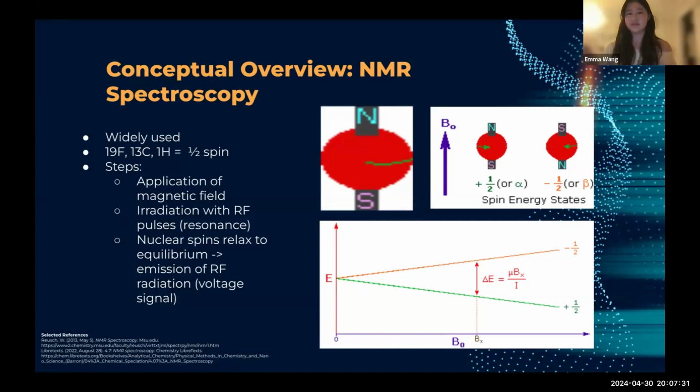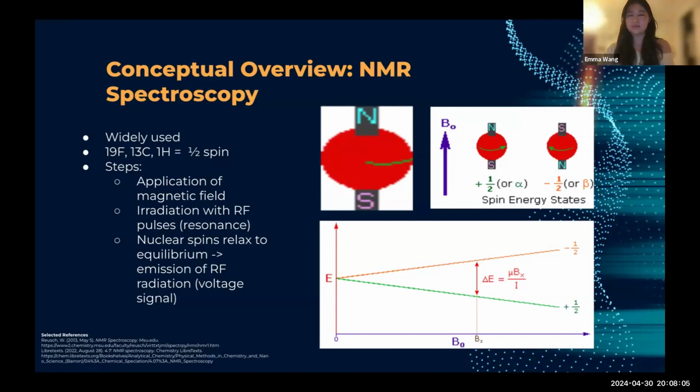So that's very useful. It's only used for certain isotopes, and those are fluorinated compounds, carbon, hydrogen, so like 19F, 13C, 1H, and this is because they all have 1/2 spin states. And what a spin state is, well, each nucleus will have a spin state, and it's basically like a quantification of the vector of where it's turning.